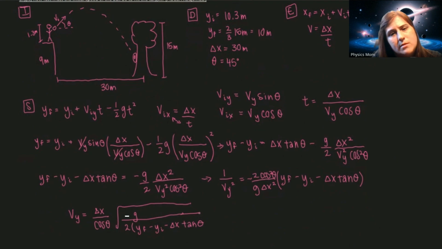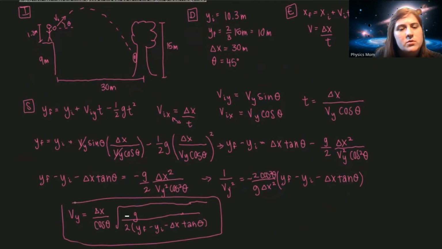Gets a little messy, but how you write this is kind of up to you. Did I have to put it in a square root? No. Could I have also written it to the negative 1/2? Yes. But that's kind of up to you on how you do that. And then that's it. That's my answer.